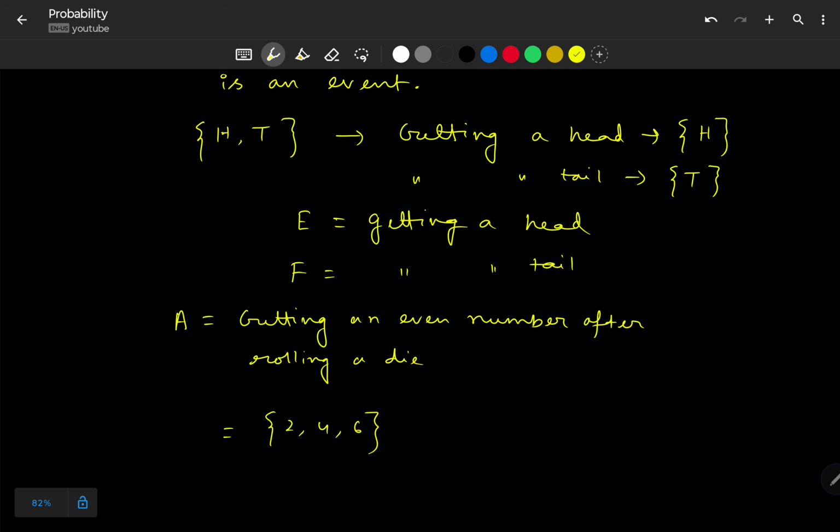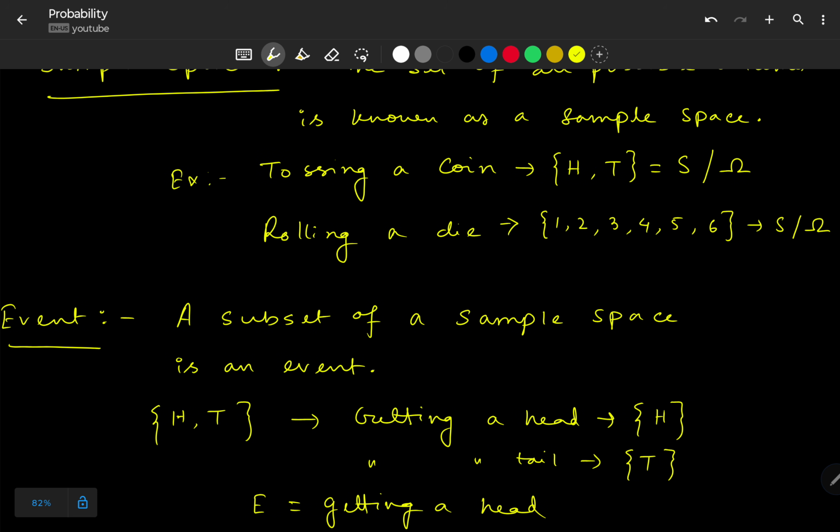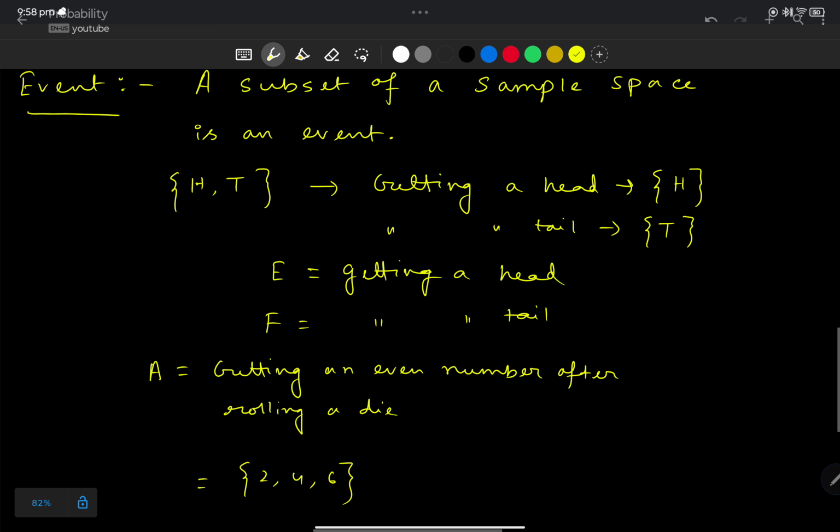So this 2, 4, and 6 is a subset of the sample space here. So we can say this A is also an event. So whenever we are creating a subset or defining a subset of a sample space, then that subset is an event. So these are the three concepts. I hope this is clear to each one of you.